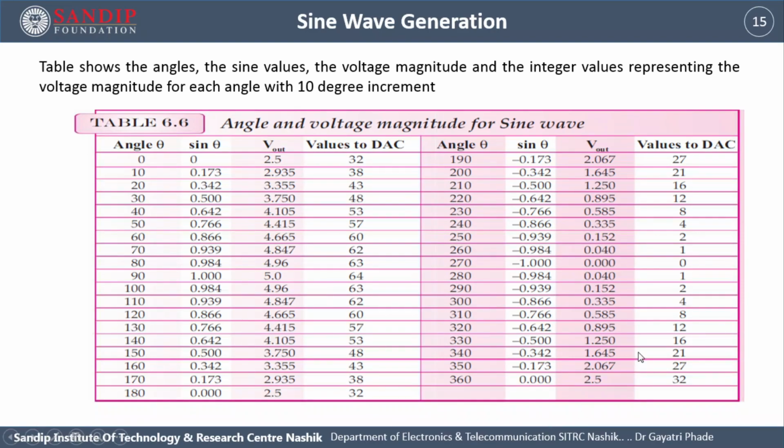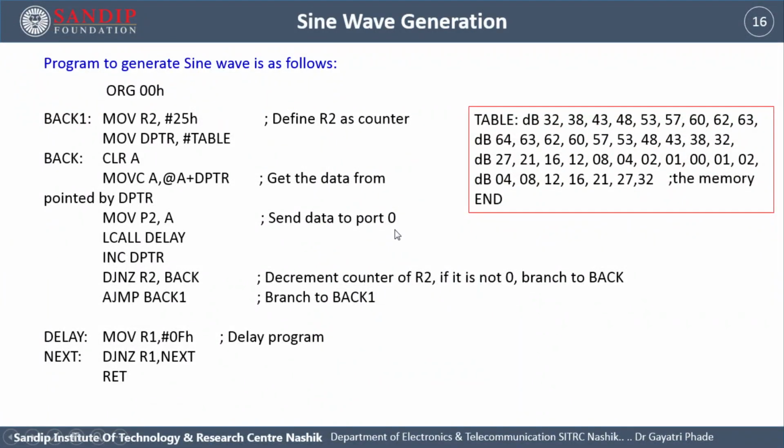If we take all the complete values, we can get a smooth sine wave, but for writing a program we have taken some sample values. So 32 starting with the positive, and the last 32 will again come to the cycle. For a complete cycle, this is the range of values that we have kept in the lookup table.